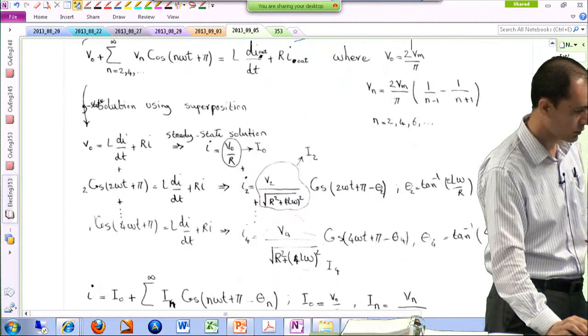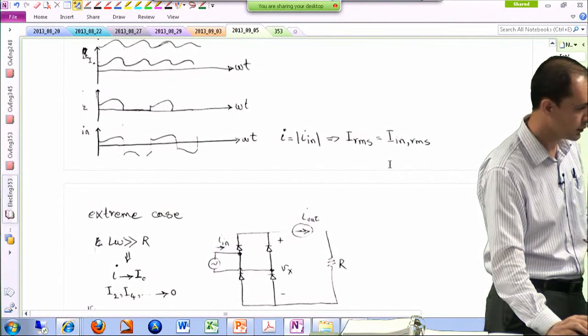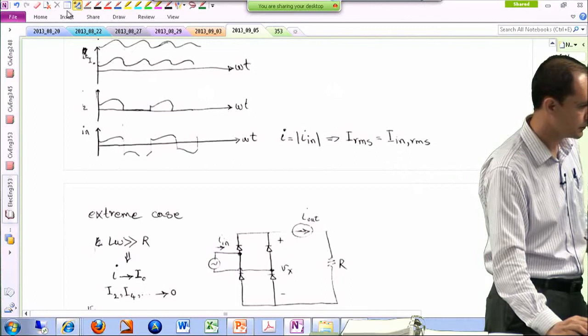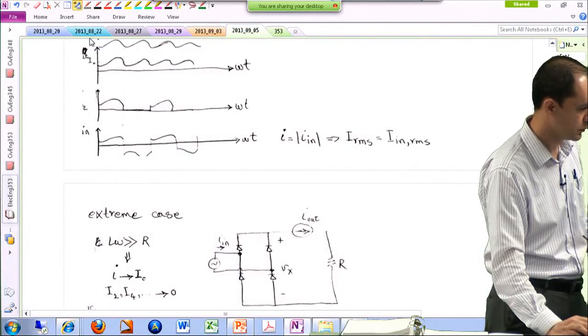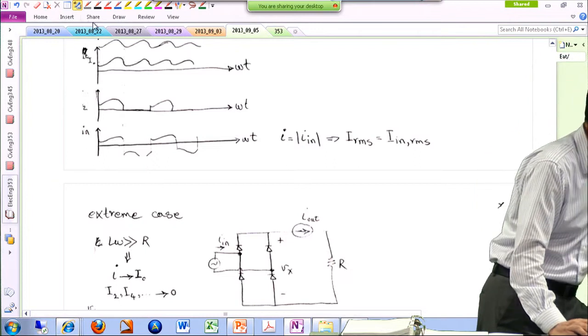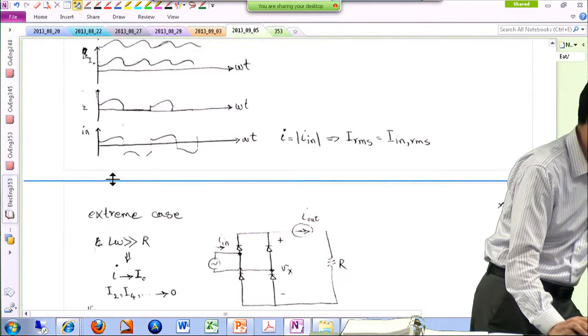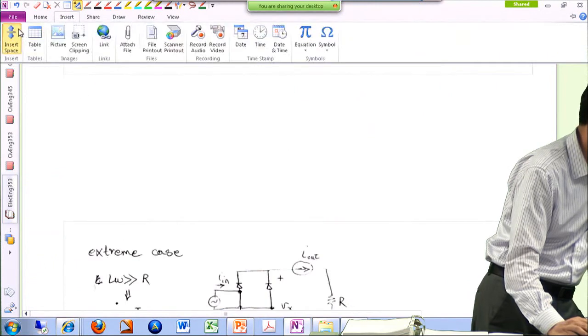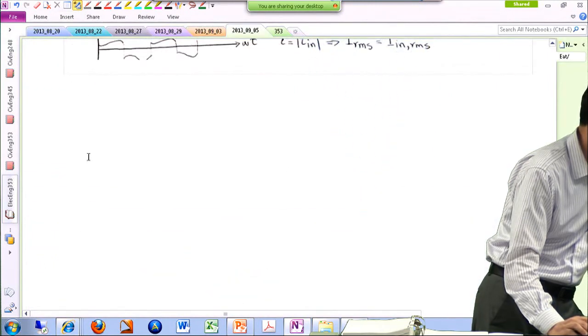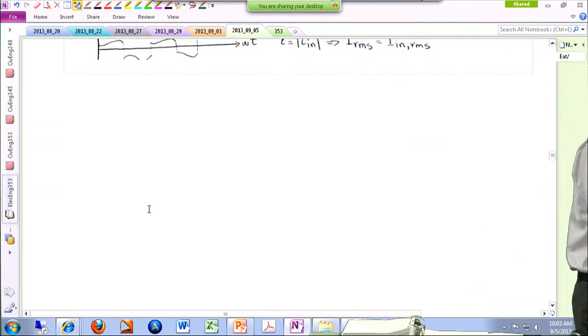So let me just make this a little bit clear down here. Okay, so I'm saying that this is the equation that we are trying to solve.